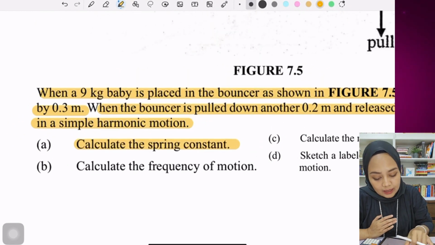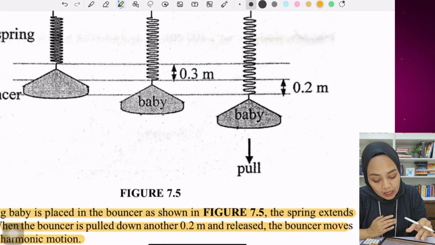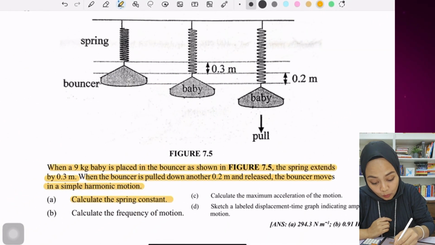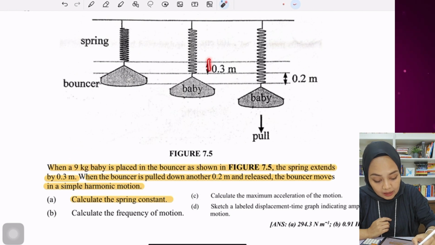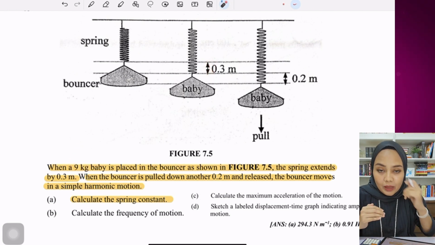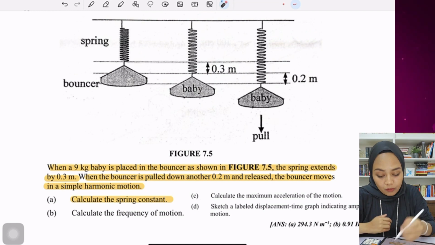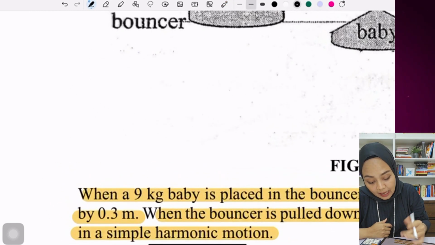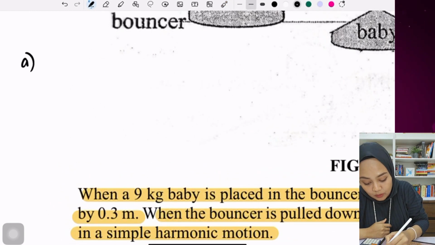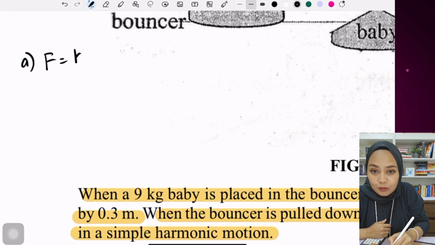So that's quite easy. We see that the baby has its own mass, and that would be 9 kilograms, and the extension is 0.3, so that we can get the spring constant by using F equals to Kx.